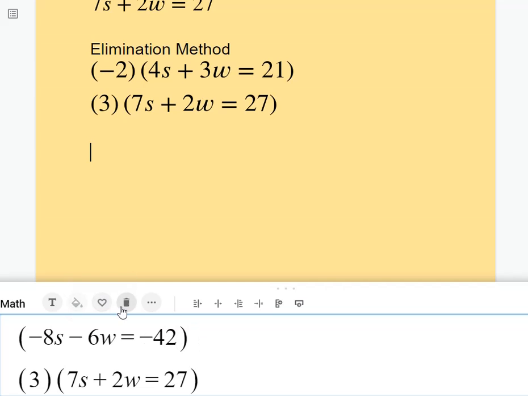Okay. So you also multiply the second equation by 3. What do you get when you simplify that? You multiply 7 by 3, that's 21s, right? 21s. 2w times 3, you get 6w.